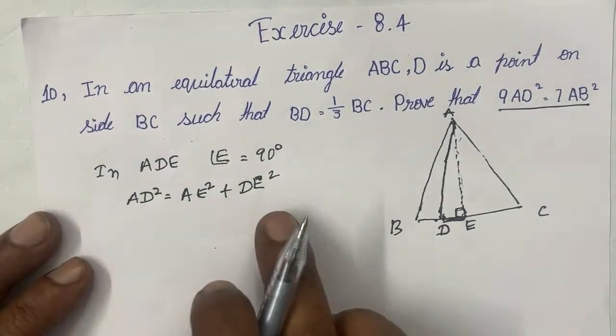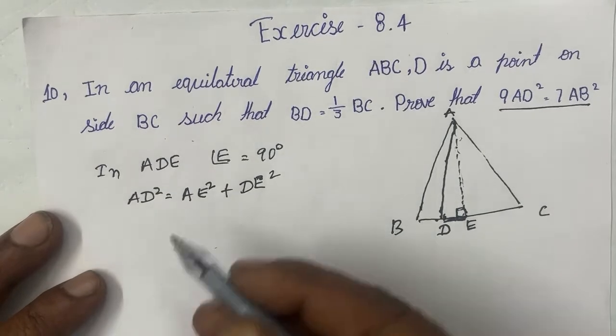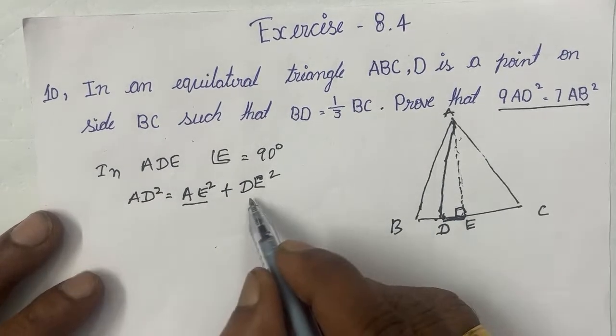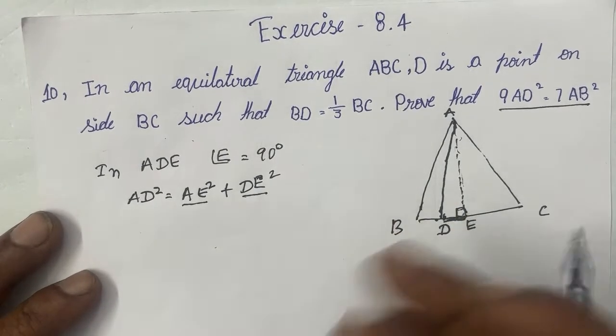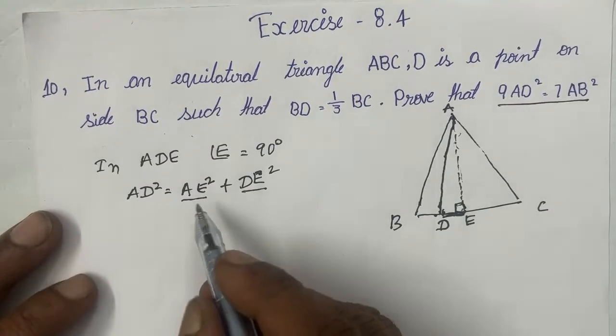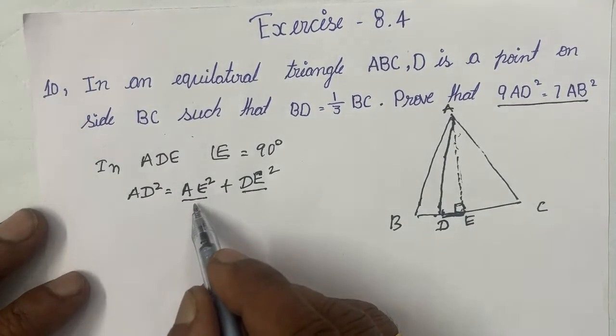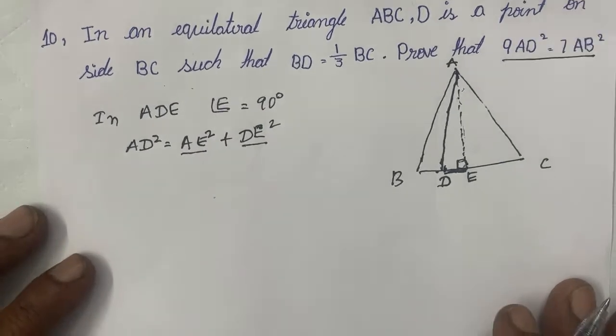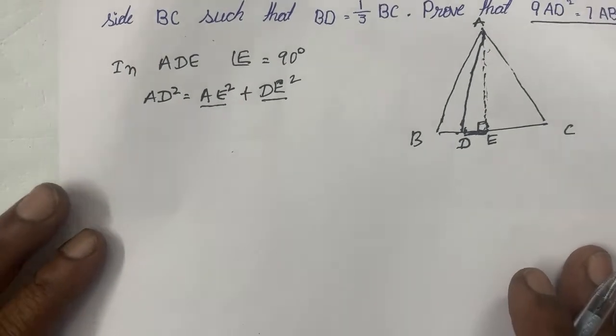This equation will keep like that only. But for the further steps, let me get the value of AE square and the value of DE square. Then apply in this equation, we will get the final answer. So I am going to get the value of AE square first.